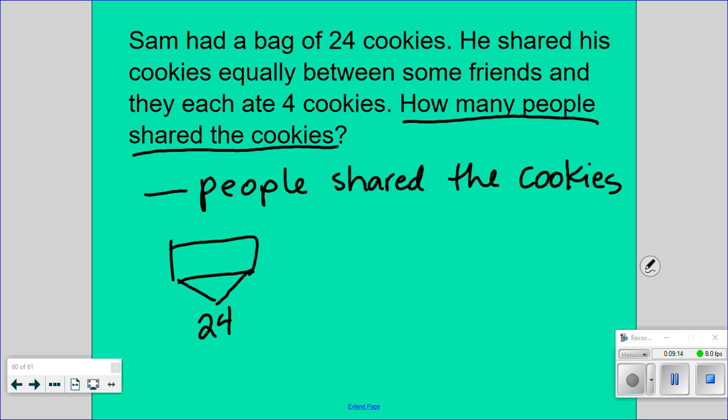How am I going to do that on a bar model? How do I show that he's sharing cookies on my bar model? Michael? Oh, that is true.